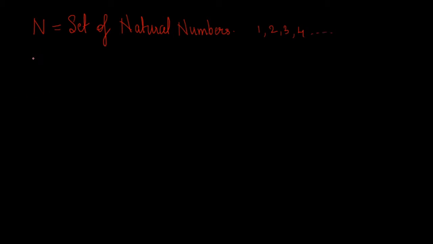Then we need to know what is W. Capital W is nothing but the set of whole numbers. Whole numbers start from 0, 1, 2, 3, 4 and then you continue. So we see that in natural numbers you have the number 1, whereas in whole numbers the number 0 also gets included.